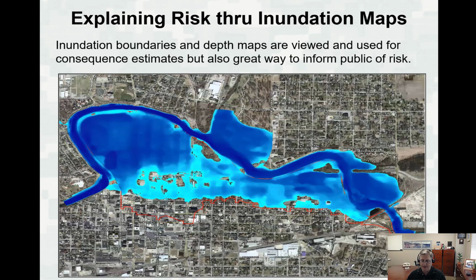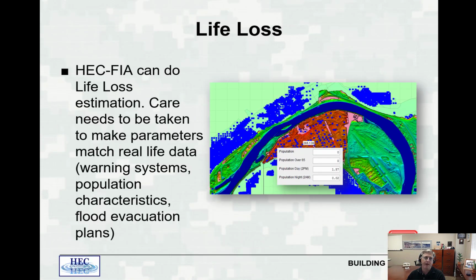And so it's a great way to inform the public of the risk. So life loss: HEC-FIA within the FRA compute option can do life loss estimations, and care needs to be taken to make sure your parameters match the real life data, but ultimately you can get life loss calculations out of HEC-WAT through the FIA and the FIA plugins.